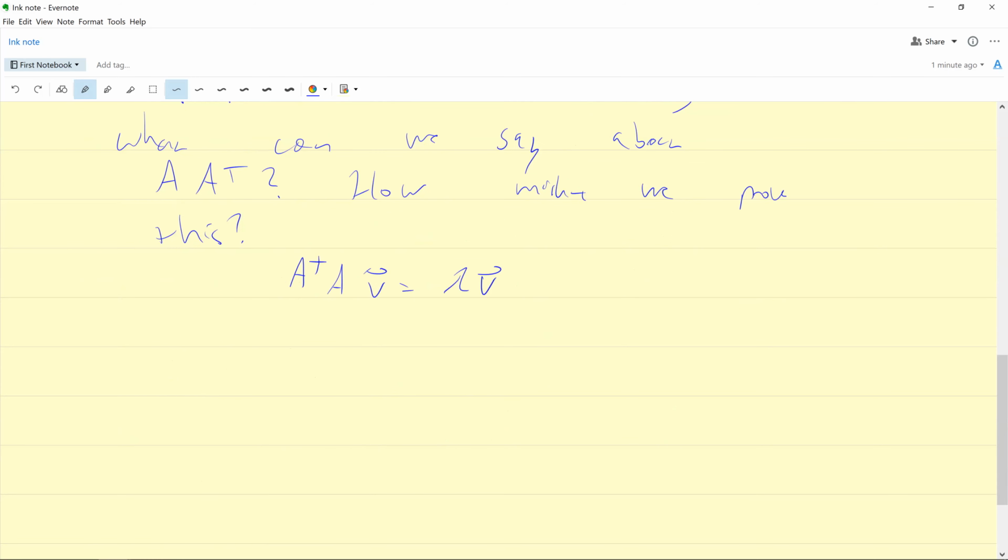Now, if we have A transpose, what we can do is plug in this vector AV. Now we can rewrite the parentheses and get A transpose A times V, and that's A lambda V, or lambda AV, which is the original vector we plugged in.